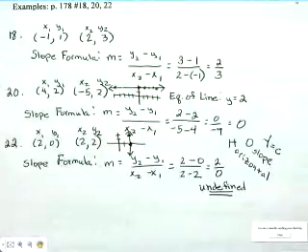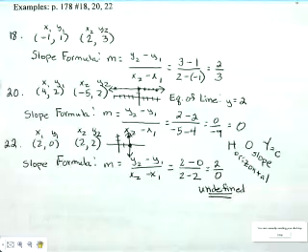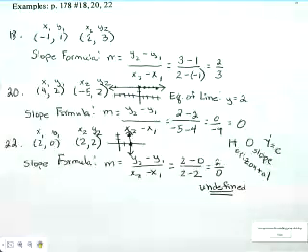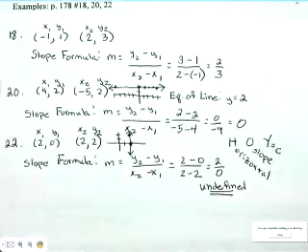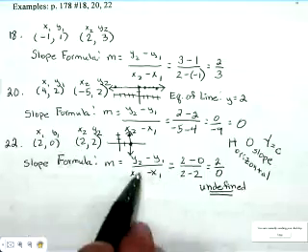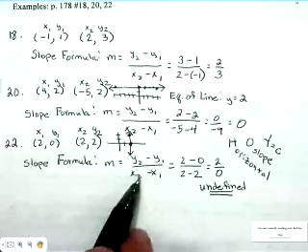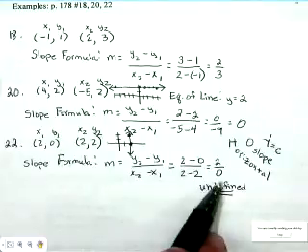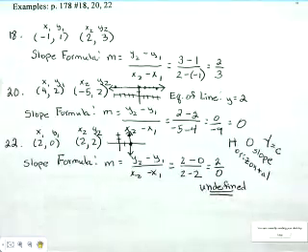How could I have told that that was going to be a vertical line by looking at the 2 ordered pairs? The x's are the same in both ordered pairs. Whenever the x's are the same, when you subtract the x's in the slope formula, you're going to get 0 in the denominator. And 0 in the denominator is always undefined.